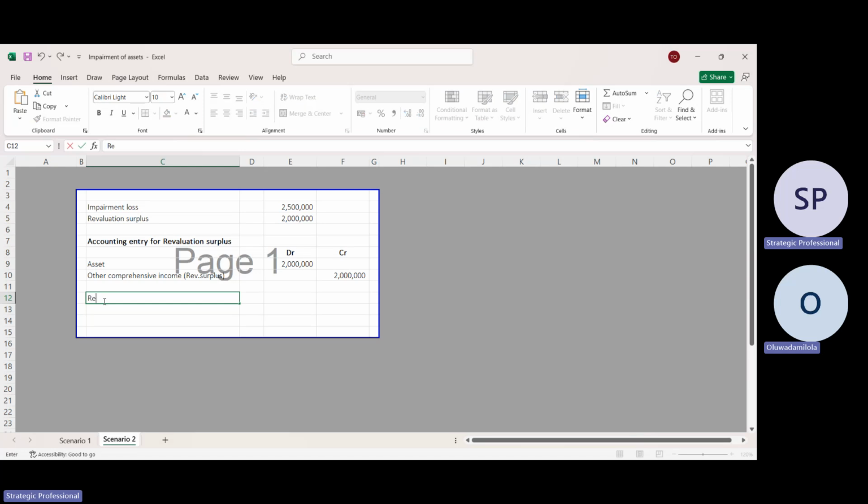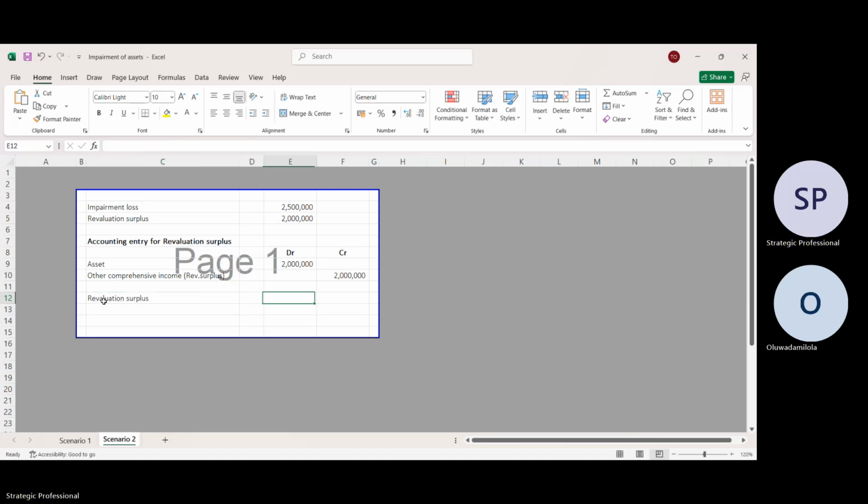That is, you debit the revaluation surplus account with 2 million, then credit assets with 2 million first. That's what this means. Then there's a balance of 500,000. That 500,000, you now debit P&L.